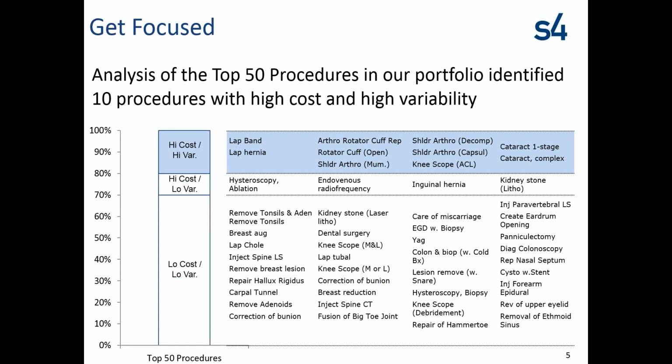So one of the first things that we recommend is getting focused on the top high cost and high variable cases. Those cases highlighted in blue are, across our network anyway, the cases where we see the highest variability in cost and the highest cost per case. And you can see the procedures listed there.